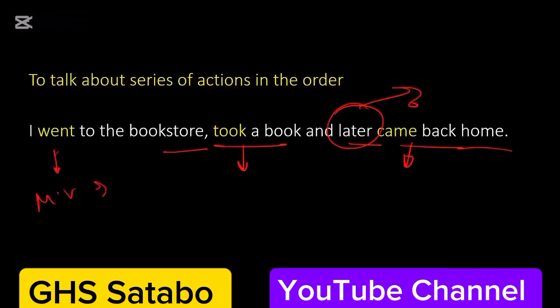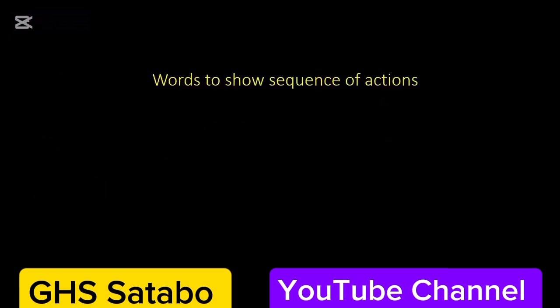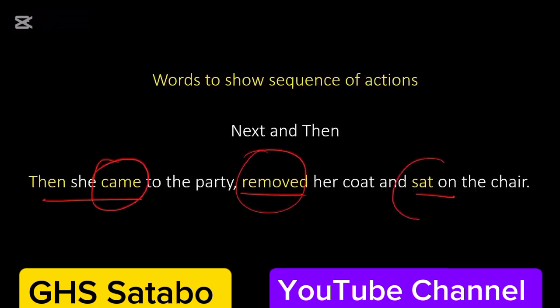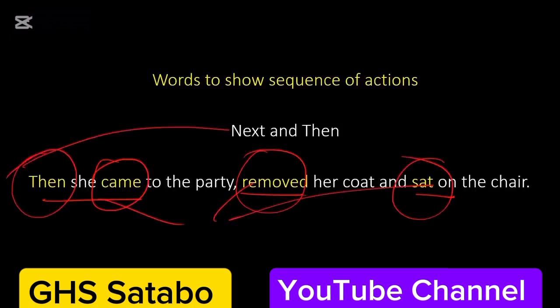All the main verbs are in the past form and they are over. The activity is completely over. And the words which will help you to show the sequence of actions would be next and then. Then she came to the party, removed her coat and sat on the chair. Came, removed, sat, all show simple past. A word over here tells you that it's a series of actions.